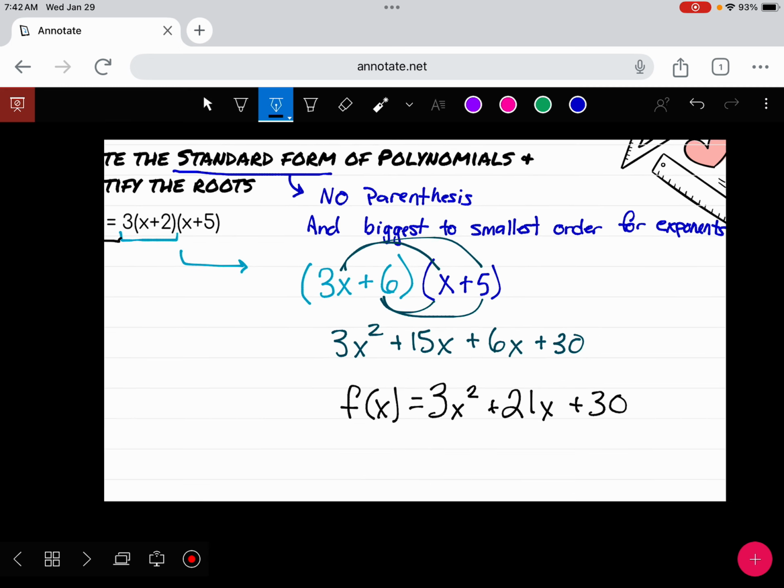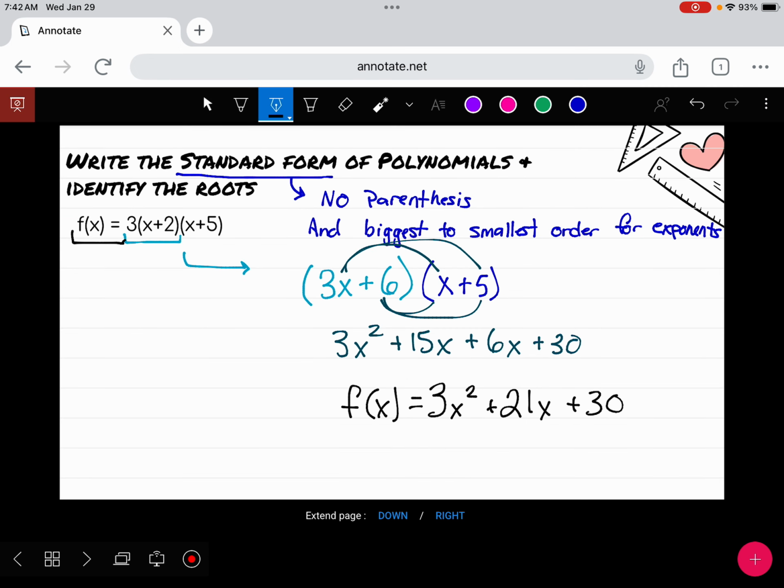And that's our standard form. And whether you did that with the x plus 2 times x plus 5 first and then distributing 3, or if you distribute the 3 first like we did here, you should get the exact same answer. It does not matter. But this is our standard form. We just take the factored form and multiply it out. So this is our standard form, which I'm going to highlight blue because I did that one all blue stuff.